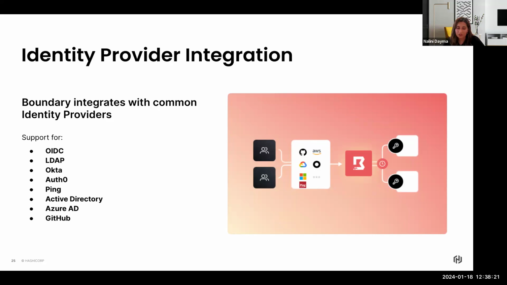So all the major identity providers out there today are supported by Boundary, and Boundary can integrate with them to give you the single sign-on capability and role-based access and access management capability.